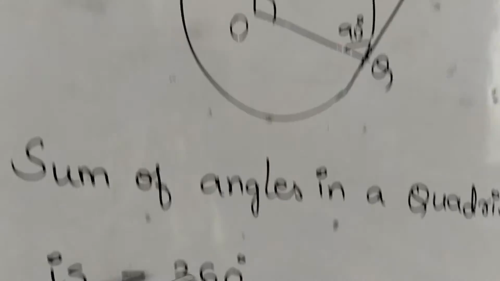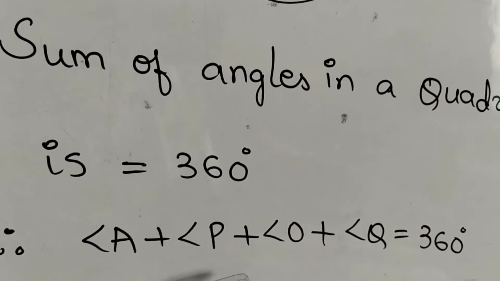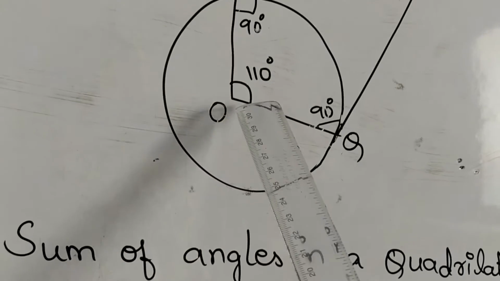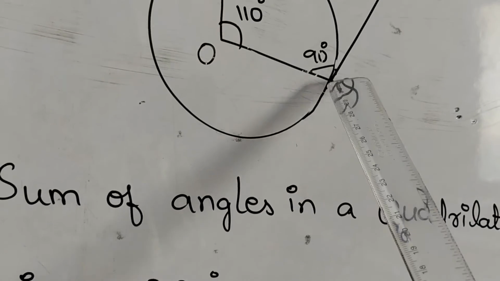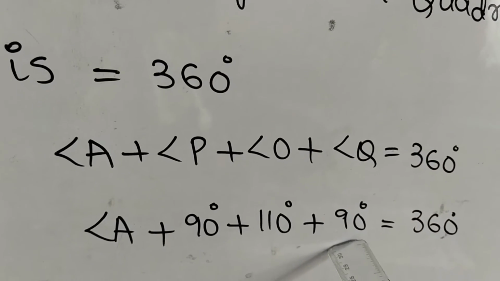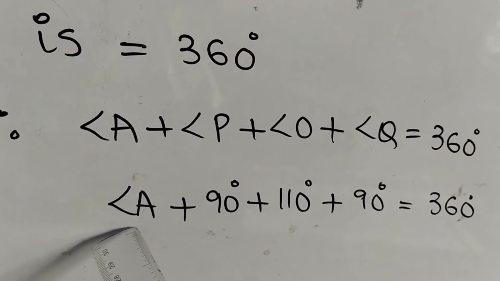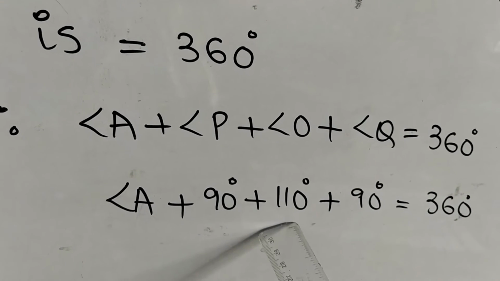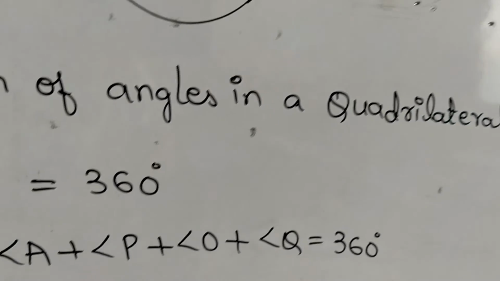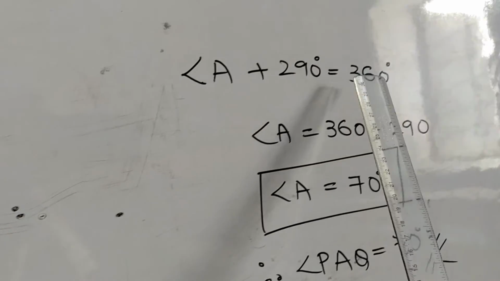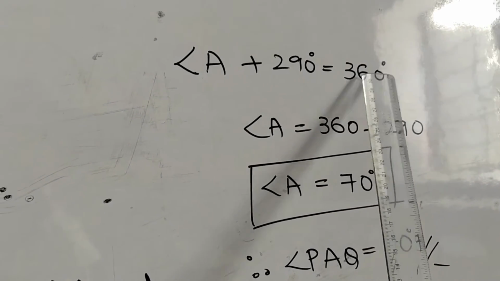Now substitute the values. See here, angle P is 90 degrees, so write 90 plus angle O is 110 degrees, so write 110 plus angle Q is similarly 90 degrees, so write 90. Now angle A plus 90 plus 110 plus 90 will be 290, students. So take angle A plus 290 is equal to 360.